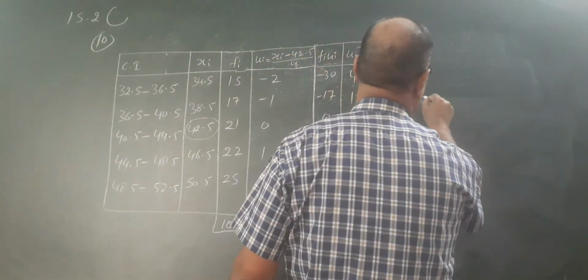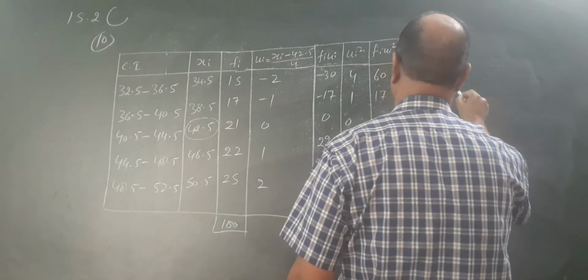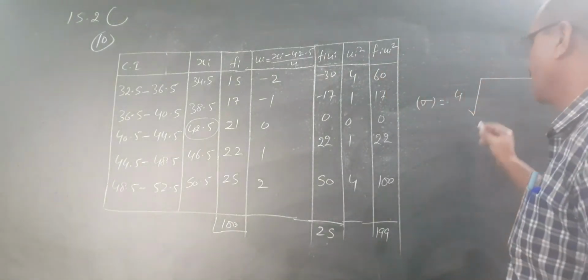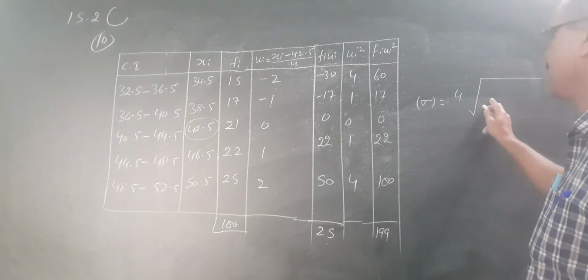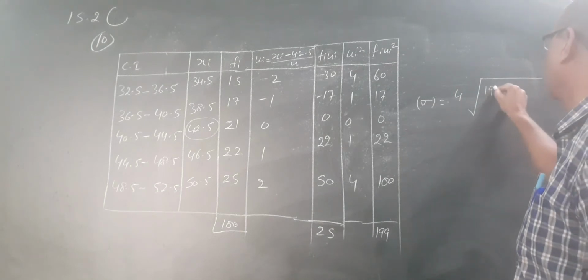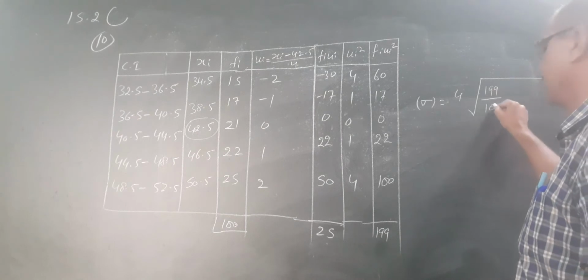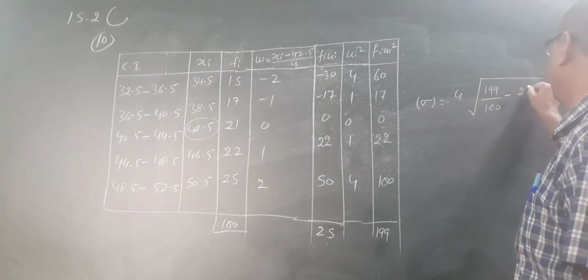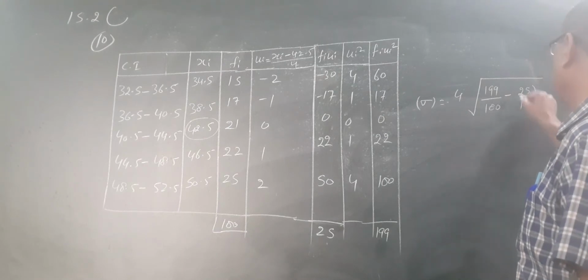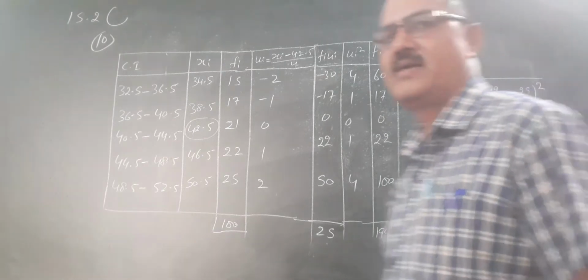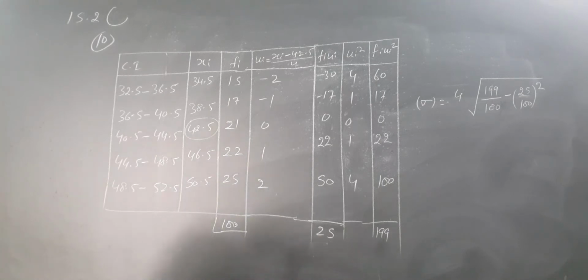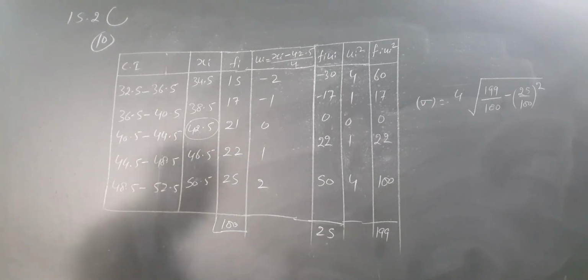Then apply the SD formula. SD is equal to the height of interval, 4, times the square root of sigma fi ui square upon n, minus sigma fi ui upon n, whole square. Substituting the values in the formula, we get 199 upon 100 minus 25 upon 100, whole square.